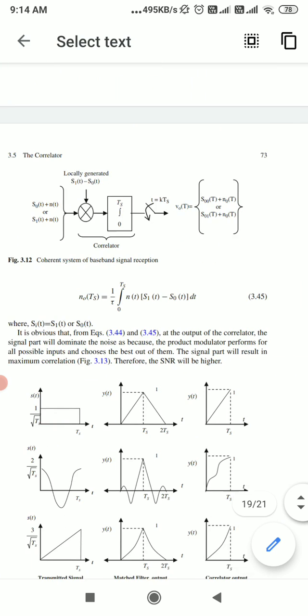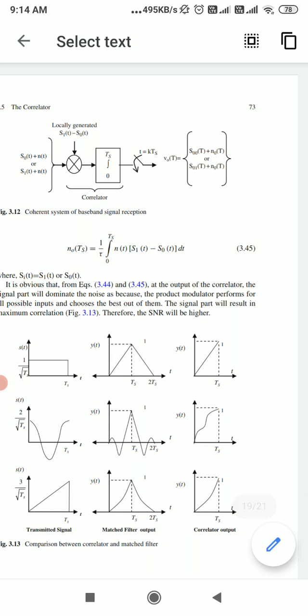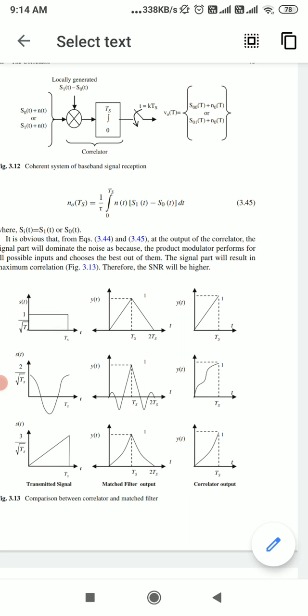Here, observe the waveforms when we are comparing the correlator and the matched filter. You can see we are giving the transmitted signal to the matched filter and the correlator, and we get the output for each. The impulse response of the matched filter is the input signal reversed in time, and convolution also reverses the signal in time.